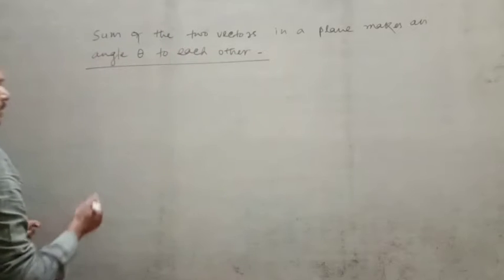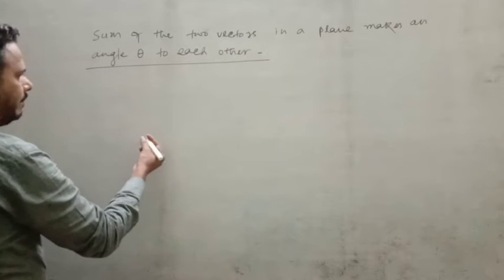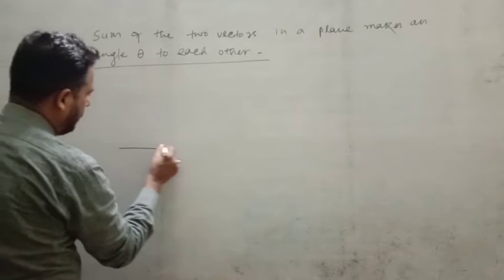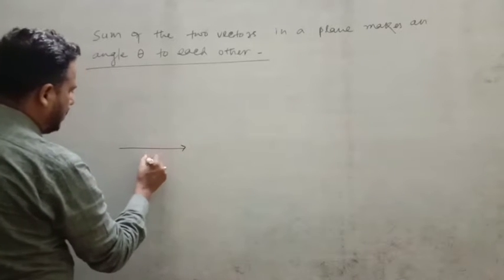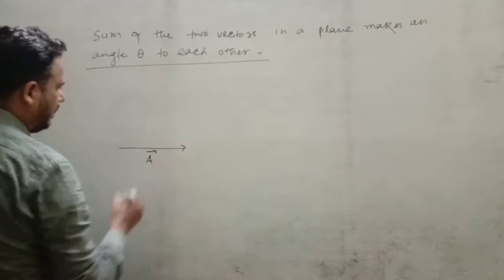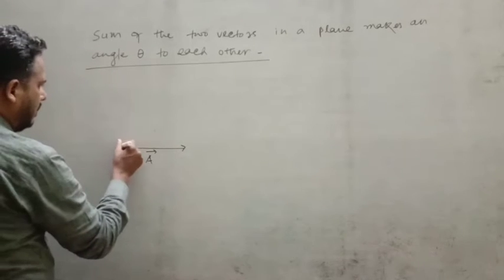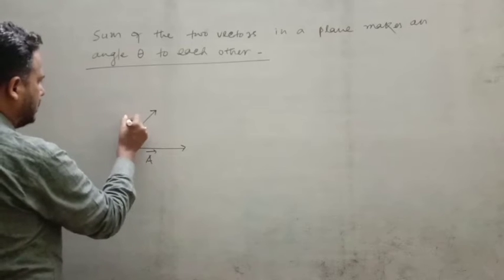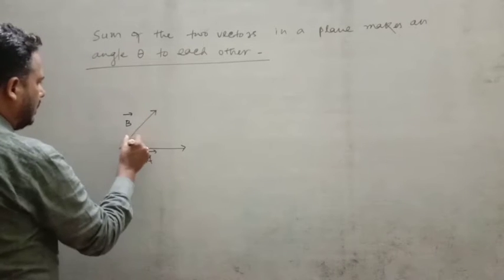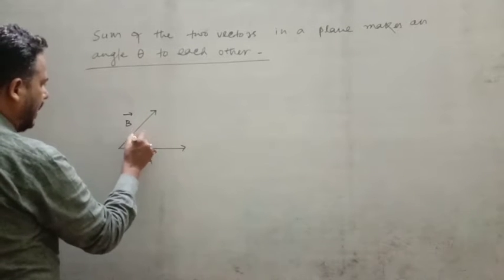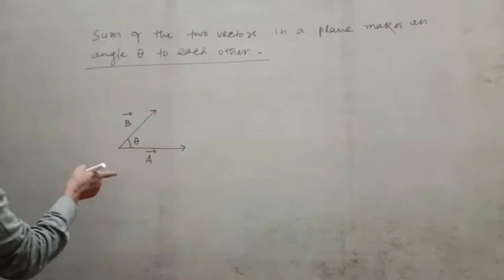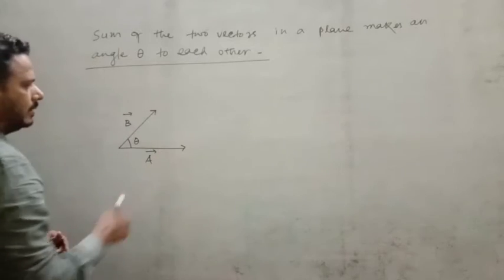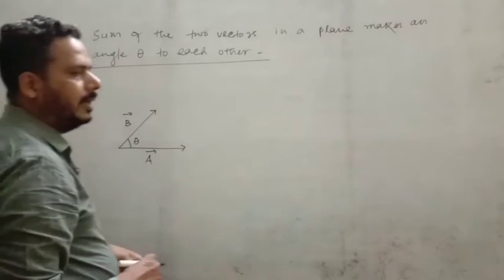You can see here that if this one is a vector, suppose vector A, and one more vector, vector B, and they make an angle theta to each other in this plane, then we have to find their sum.